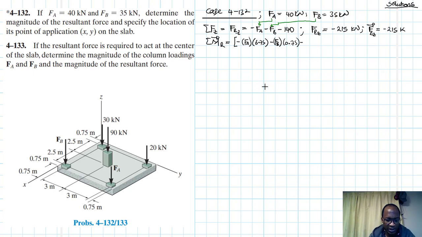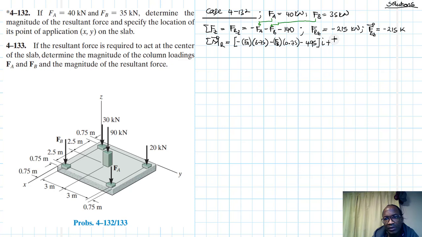So we have 30 by 0.75, we have a 90 by 3.75, and we have a 20 by 6.75. Alright, so we have a 495, right? The 495, this is i.